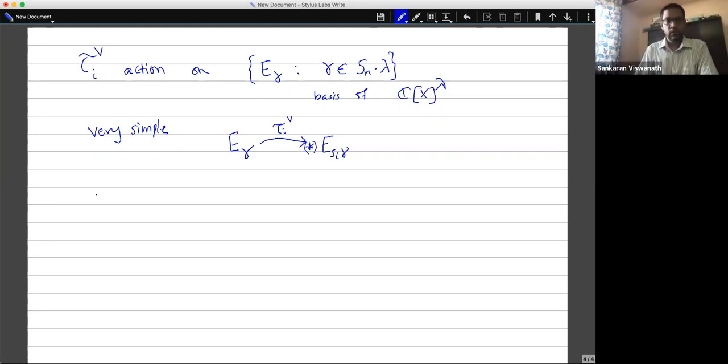Now the question here is, what about the TI action? That's again something that we want to understand. Recall one of the things that Raghavan mentioned during his lectures, something from Arun's notes, which is that the tau i's are to be thought of as a replacement for the TIs with better properties relative to the y's.